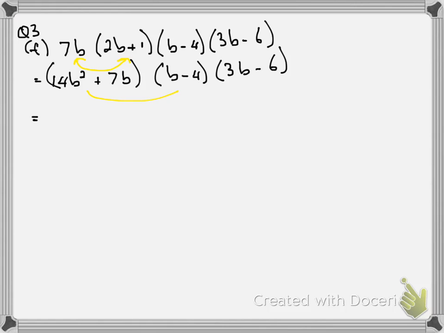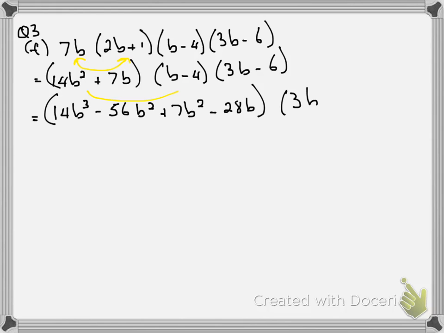So what I'm left with is 14b cubed, take 4 14s are 56b squared, plus 7b squared minus 28b. That goes in brackets, and I've got my last bracket left still sitting there.